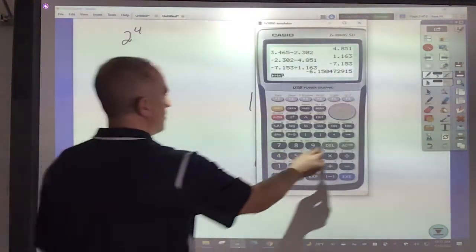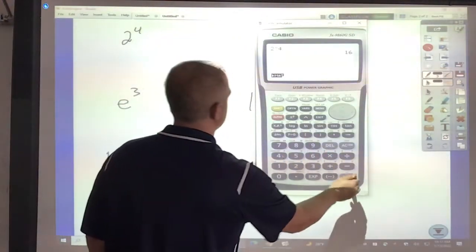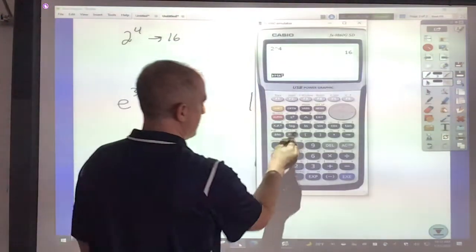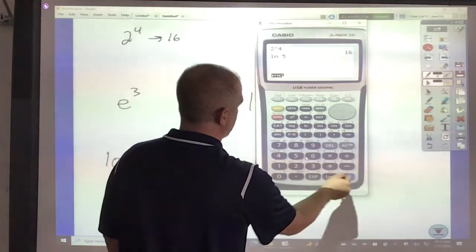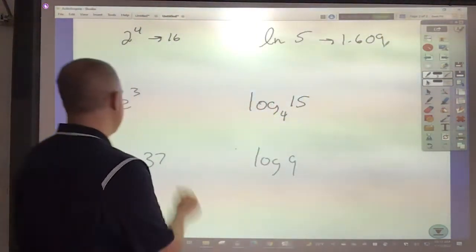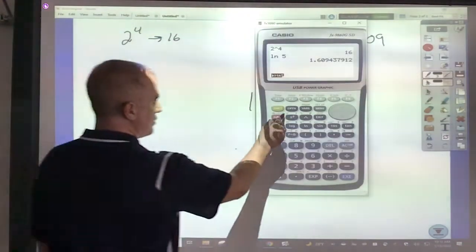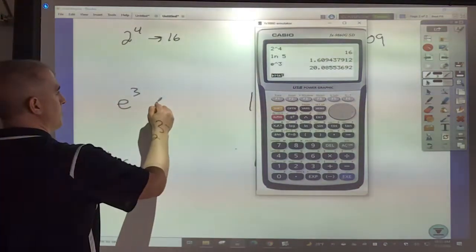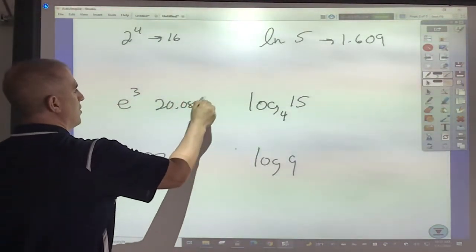Like 2 to the 4th, 2 exponent 4, that's 16. Natural log, there's a button right here for natural log, so natural log of 5 is 1.609. For e, you hit shift and where the natural log is, and you just put that in. That's 20.085. Go up to 3 decimals.